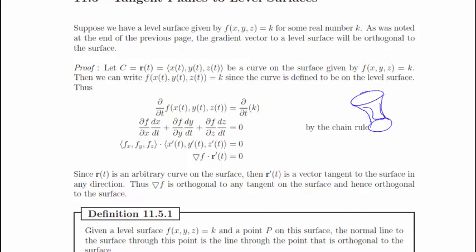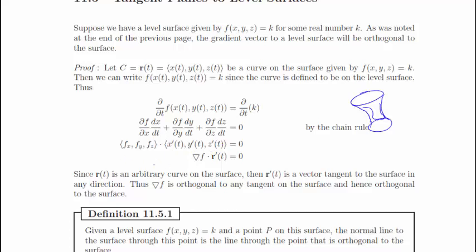We can factor this chain rule expression as the vector of the partial of f with respect to x, the partial of f with respect to y, the partial of f with respect to z, dotted with the vector x prime of t, y prime of t, z prime of t, and this equals 0.